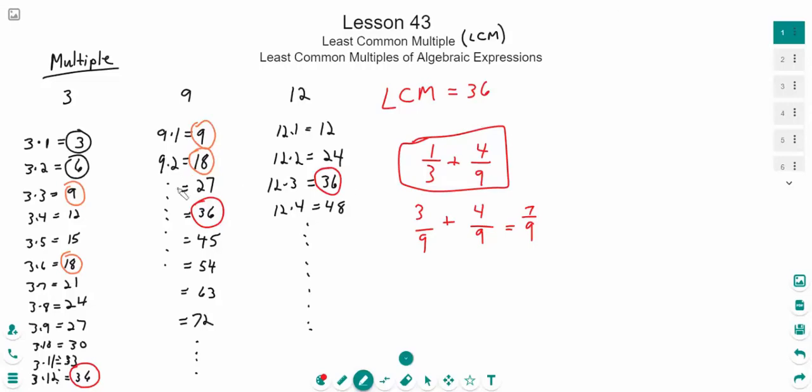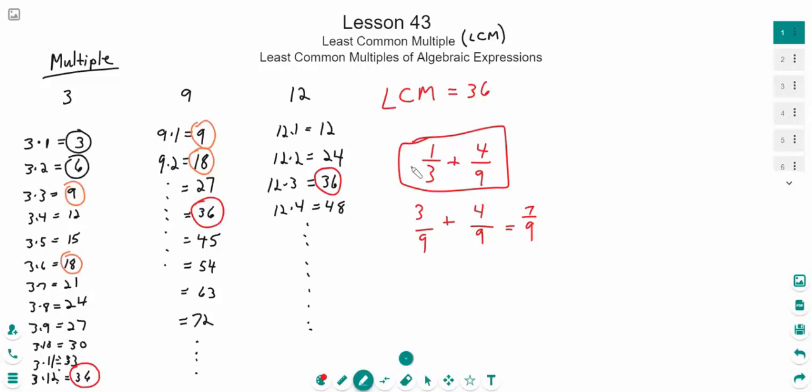All right, but we're laying out what it means to have the lowest common multiple. So let's now talk about how difficult this can sometimes be. As maybe you've noticed before, sometimes we might not have lower numbers like 3, 9, and 12. We might have larger numbers, in which case it's a little bit more difficult to determine what the least common multiple is.